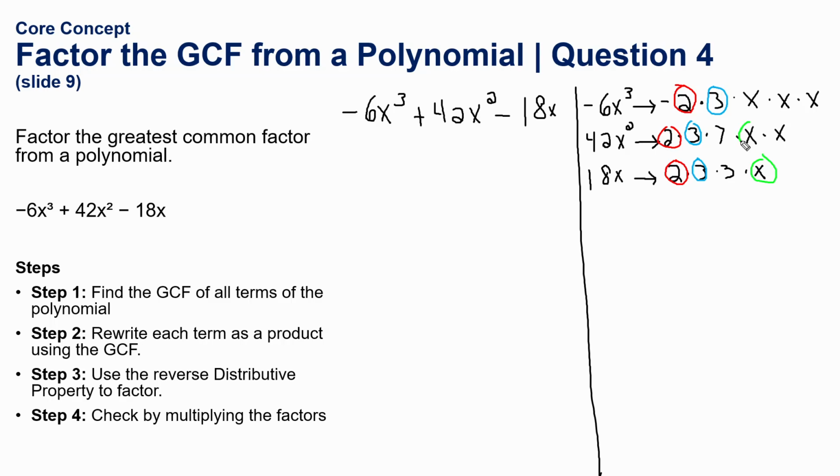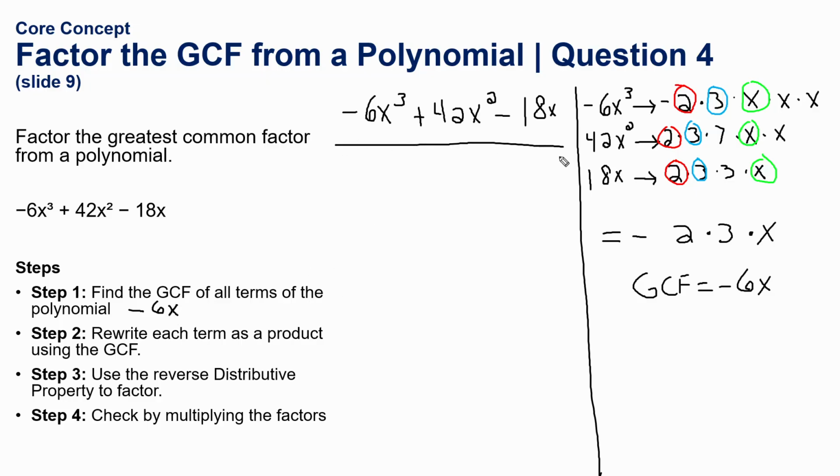So the smallest variable part is just x to the first power. So rewriting this, our greatest common factor, again, remember the negative here, is going to be 2 times 3 times x. So our greatest common factor is equal to negative 6x here. Okay, so that is our greatest common factor.